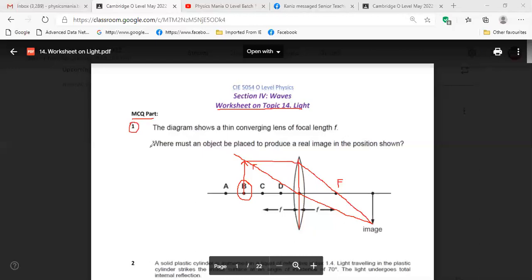The answer is B. Then you draw this diagram on your copy, quickly. If you draw this and take these notes, you can solve any questions like that, both in structure and MCQ part. That's why I strongly compel you to draw it.